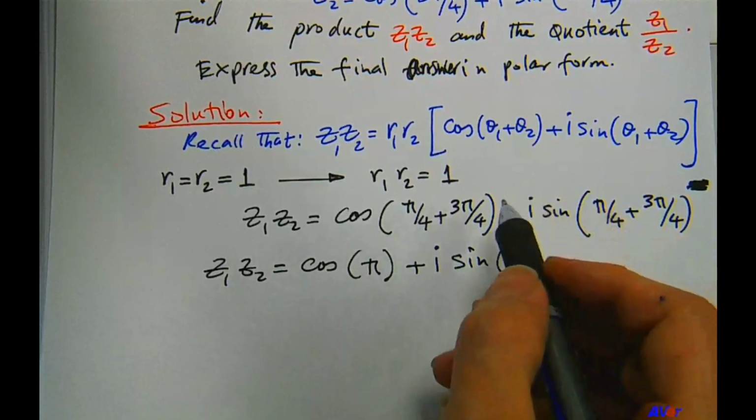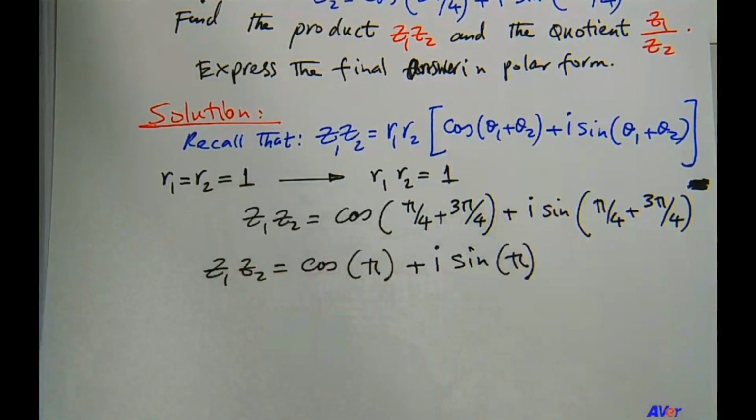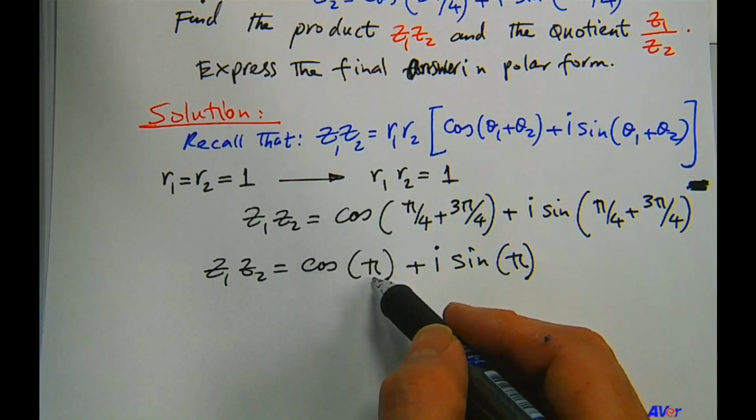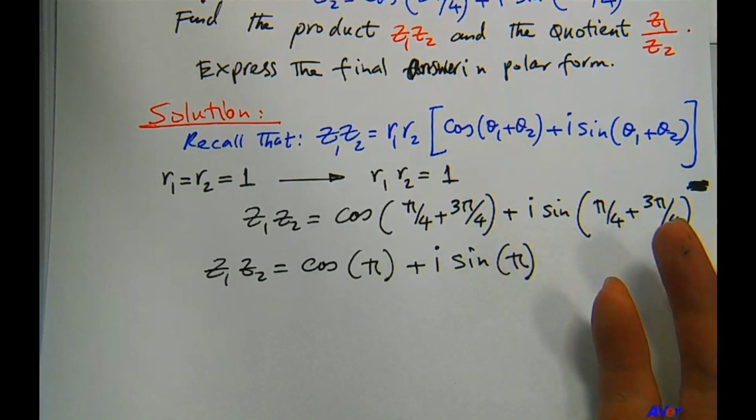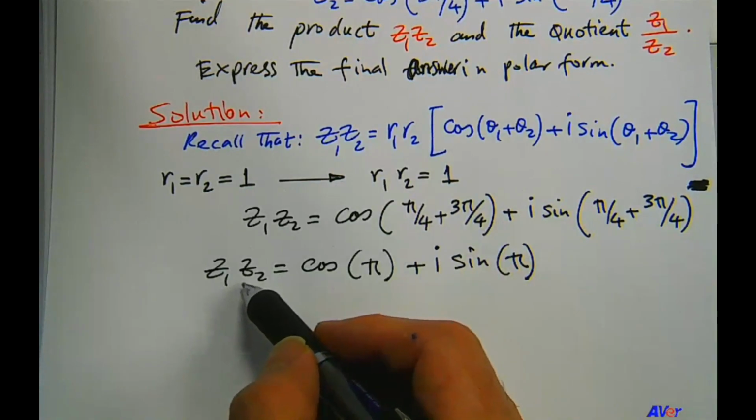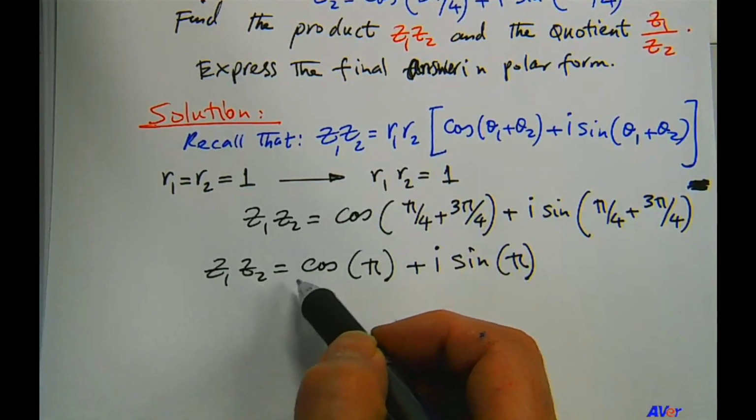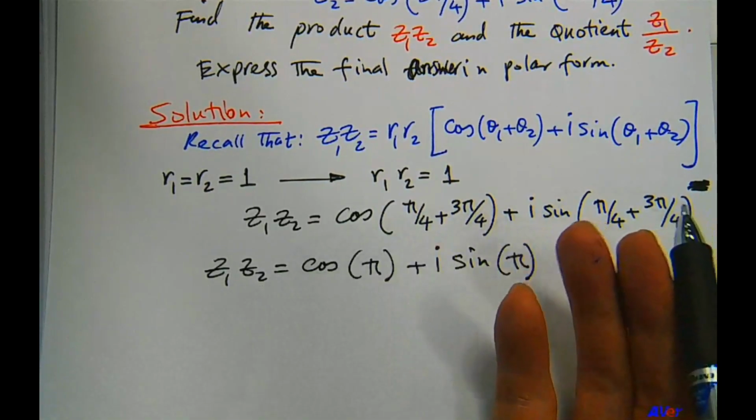Here we could simplify this. Cosine of pi is -1, sine of pi is 0. So we could just write z1 times z2 equals -1.